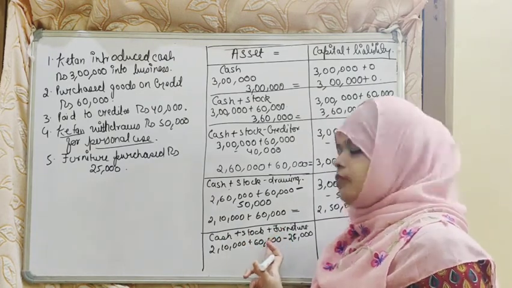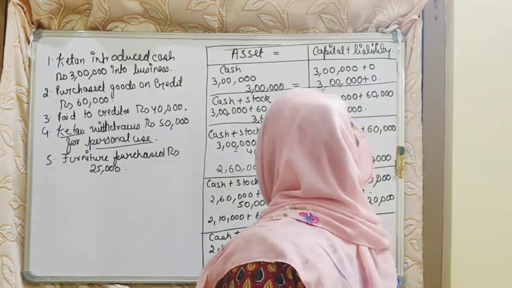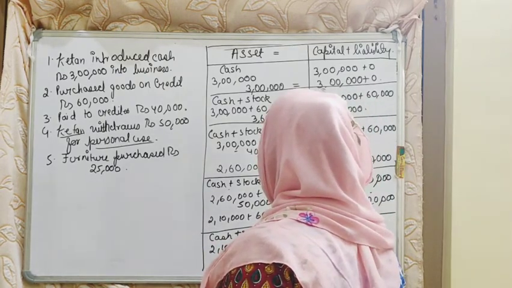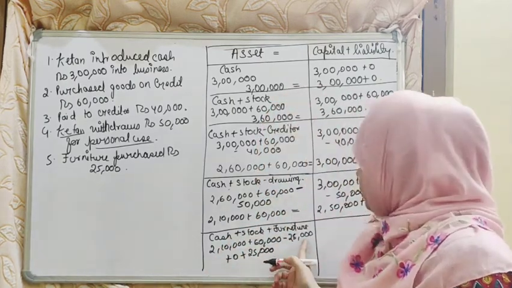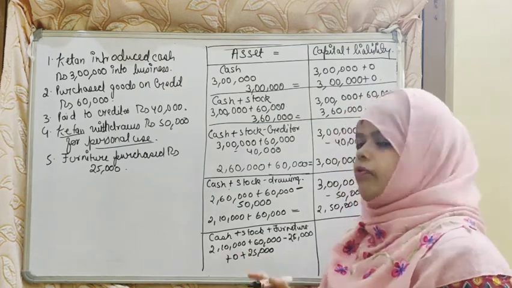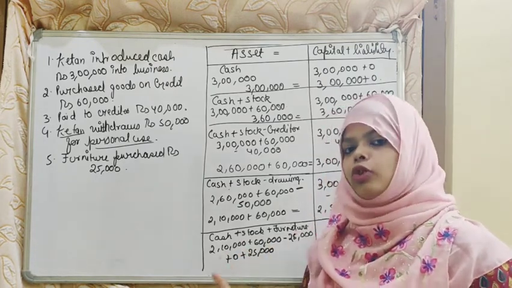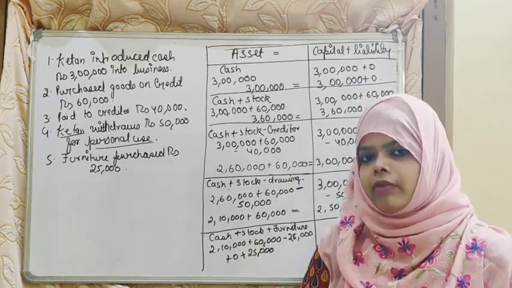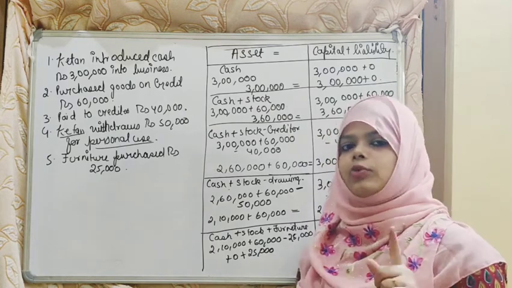It has to be minus from the part of the cash, plus 0 plus 25,000. Why again we subtracted 25,000? Because it has to be subtracted from the cash amount of the business, and the furniture is an asset, so it has to be added to the asset part of the business. So we subtracted 25,000 and we also added the 25,000.